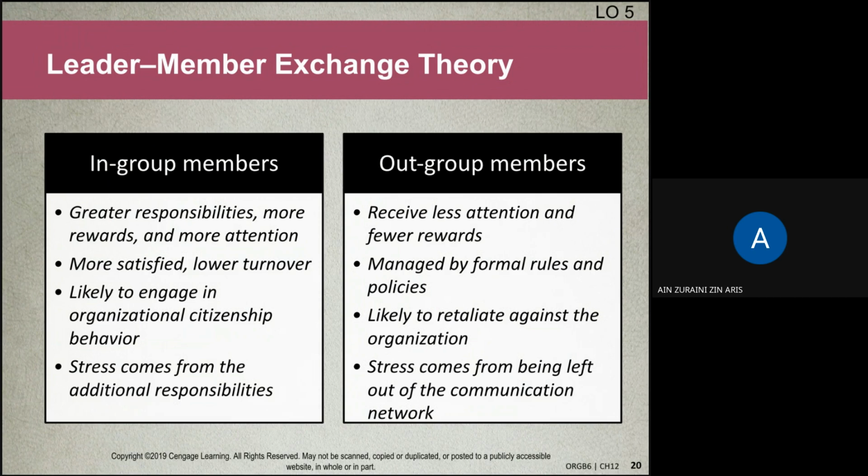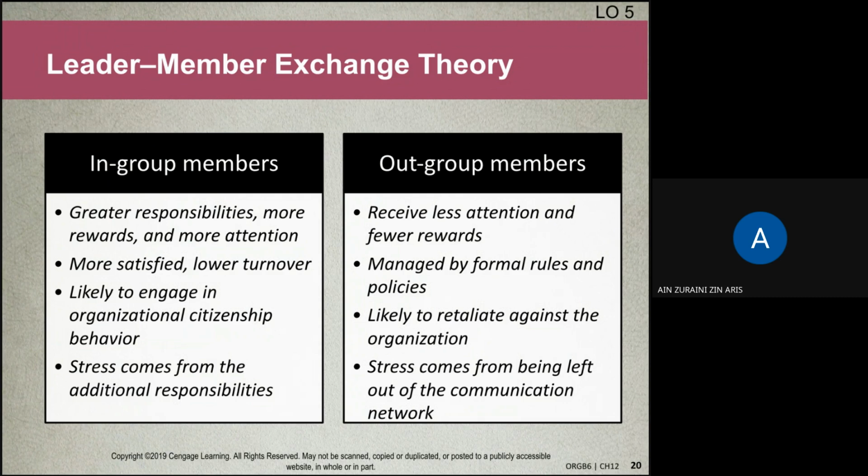Right? So LMX focuses on the differentiated treatment leaders give to individuals in their team. Basically, LMX theory explains that leaders typically develop two types of relationships with workers, which are in-group members or out-group members. In-group members are the team members with high quality exchanges.